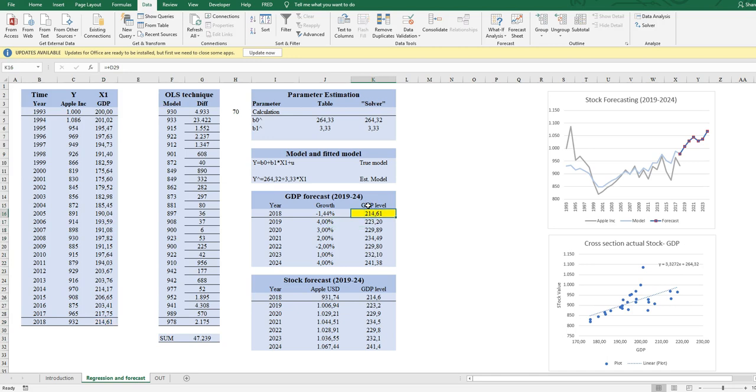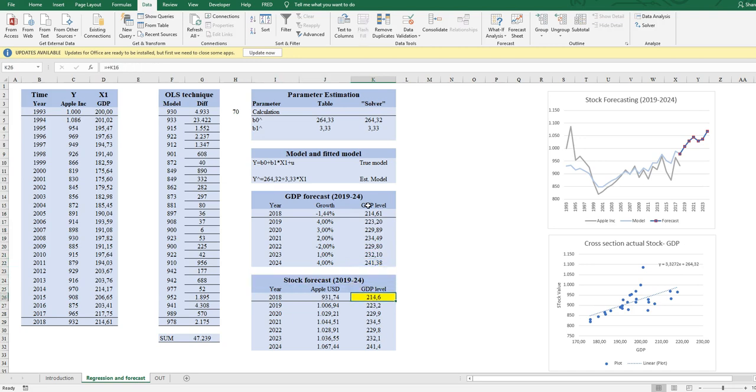Now I need a forecast for the level all the way to 2024, 5 years ahead, or sorry, 6 years, and I will come up with some guessing on the evolution of the growth rate in GDP: 4%, 3%, 2%, all nominal amounts. Once I have this, I can calculate the GDP level.